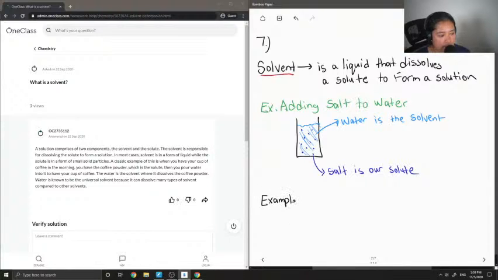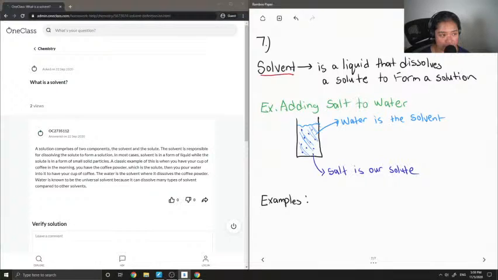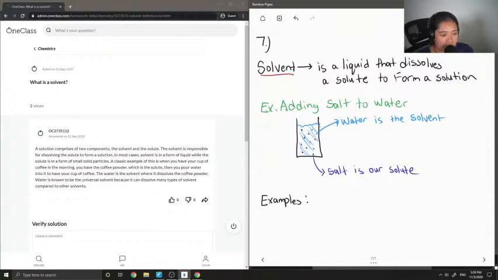When you start to do more reactions, you'll notice that some solvents need to be non-polar, some solvents need to be water. Some examples of solvents are water, methanol, and ethanol. So these are all polar solvents. You could have hexane, which is a non-polar solvent.